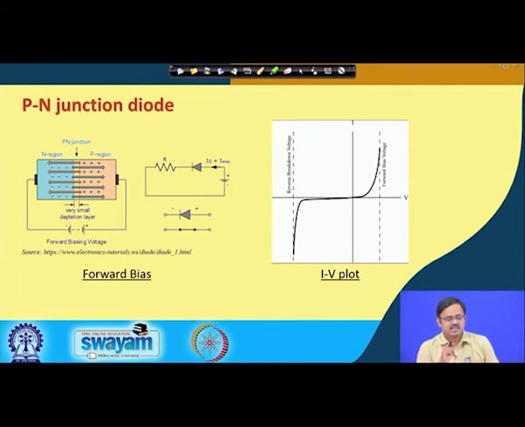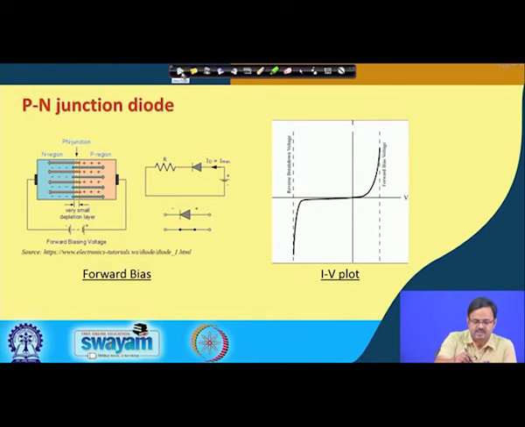The holes are going to be attracted from the P side to the N side, and the electrons are going to be conducted from the N side to the P side. As a result, the depletion region is going to reduce further and further, and the potential barrier that we saw is going to reduce.